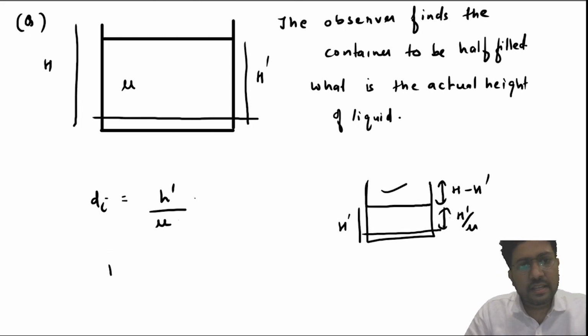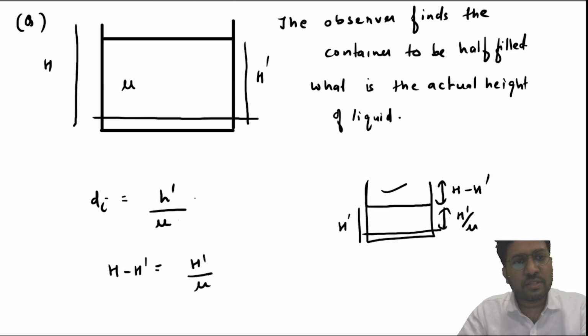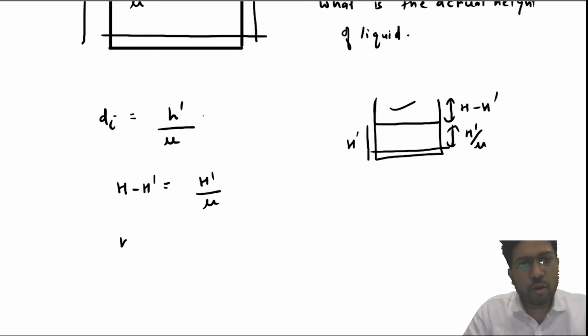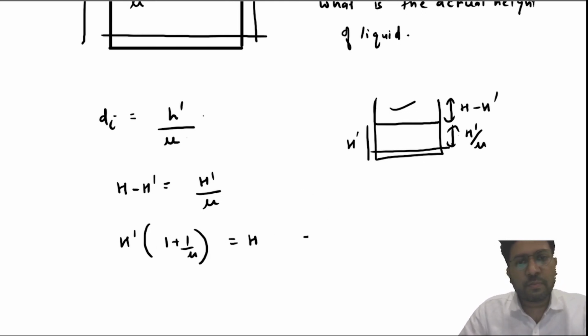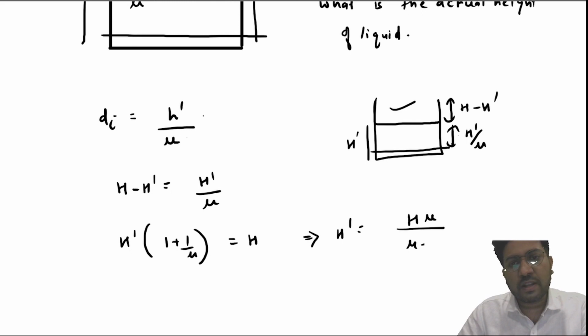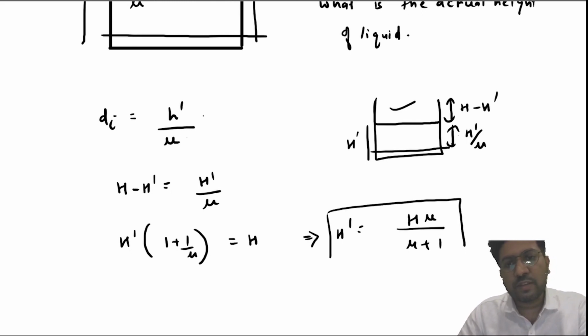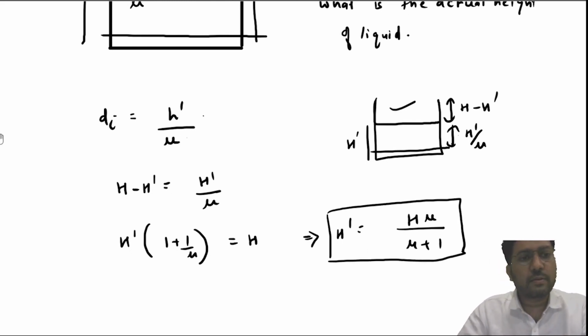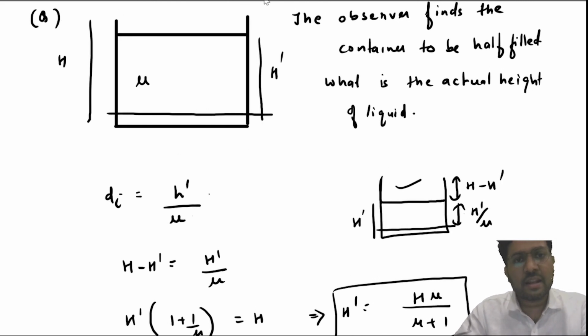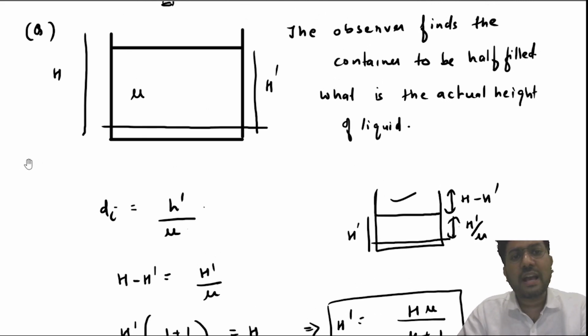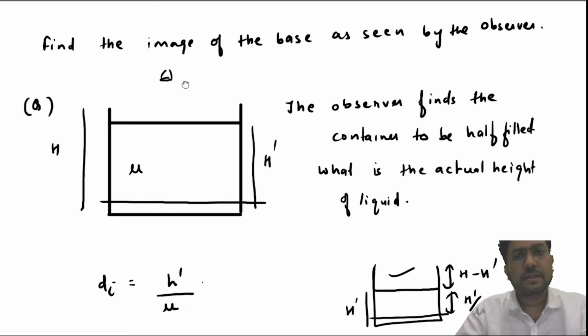So h minus h dash has to be equal to h dash by mu. From this, taking h dash common, 1 plus 1 by mu is equal to h. So you will get h dash equal to h mu divided by mu plus 1. So this is the height up to which you will fill the liquid, so that the container appears to be half filled when you see it from the top.